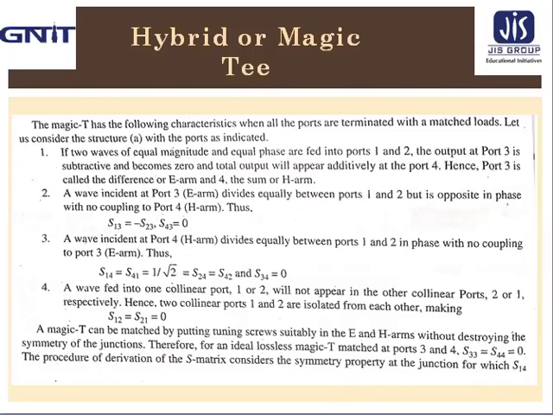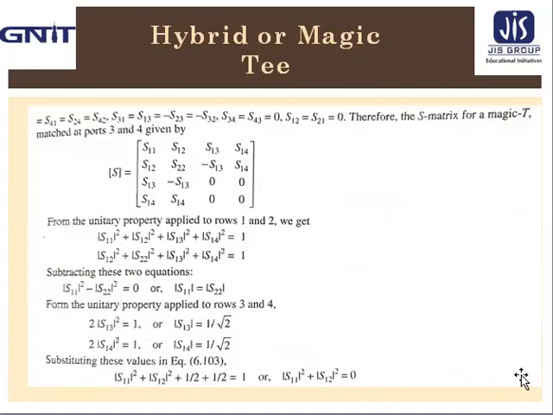And the procedure of derivation of the S matrix considers the symmetry property at the junction, for which S14 equal to S41 equal to S24 equal to S42, and S31 equal to S13, that is equal to minus S23, that is equal to minus S32, and S34 equal to S43, that is equal to 0, and S12 equal to S21, that is also equal to 0.